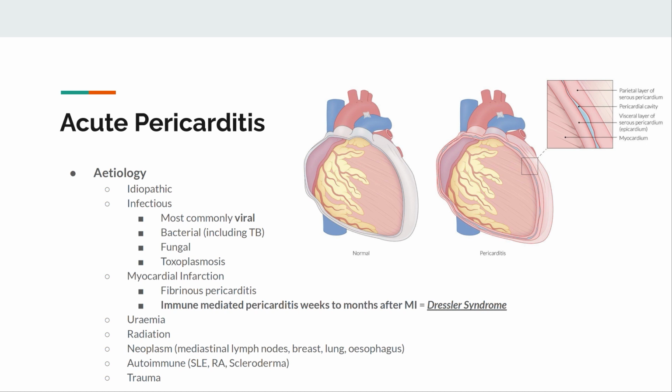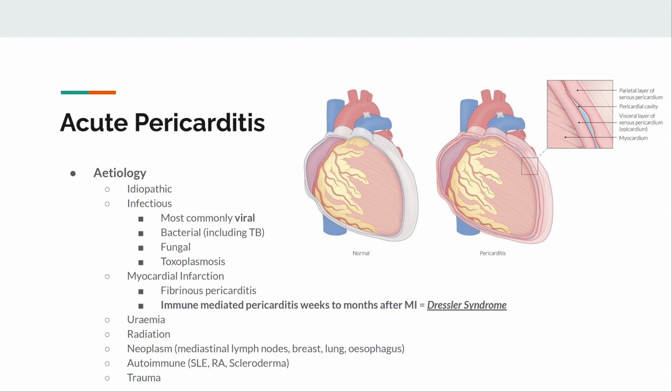Acute pericarditis, inflammation of the pericardial lining of the heart. The causes can be idiopathic, infectious, they can be secondary to MI, they can be from uremia, so when all the toxins of kidney failure accumulate in the blood, they can irritate the pericardium.